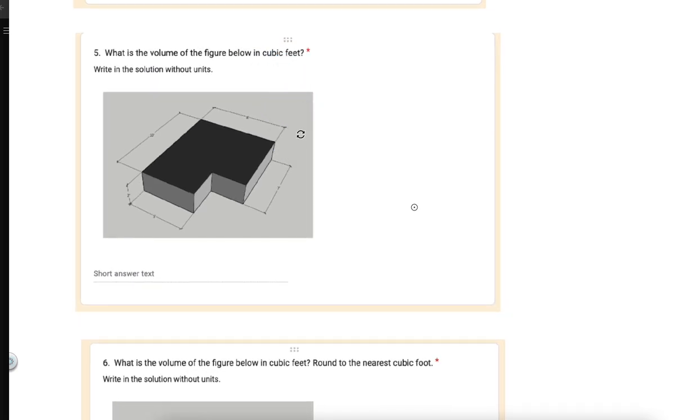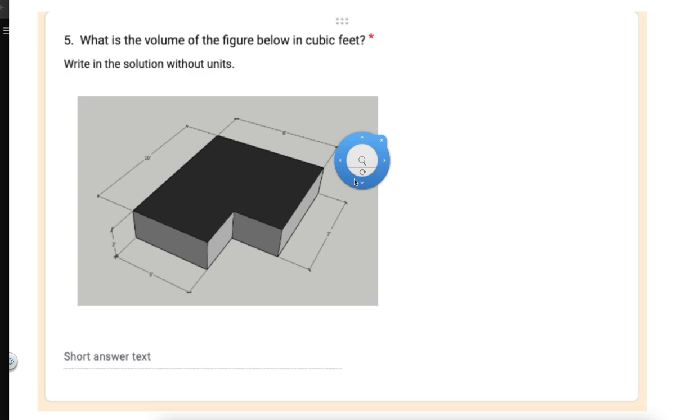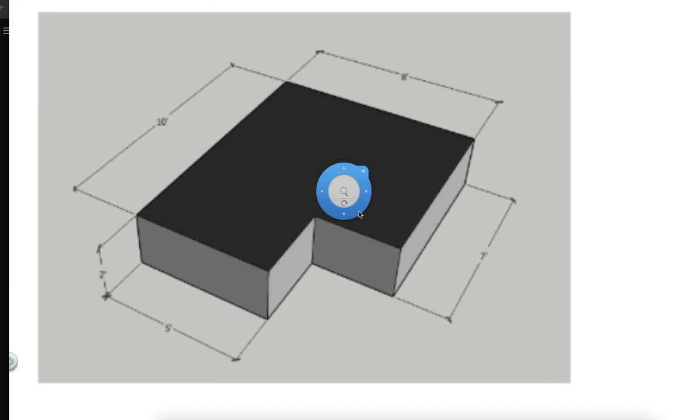Alright, so we have a composite figure here. What is the volume of the figure below in cubic feet? It's a little blurry here, but we've got 8 feet, 7 feet, 5 feet, 2 feet, and 10 feet.